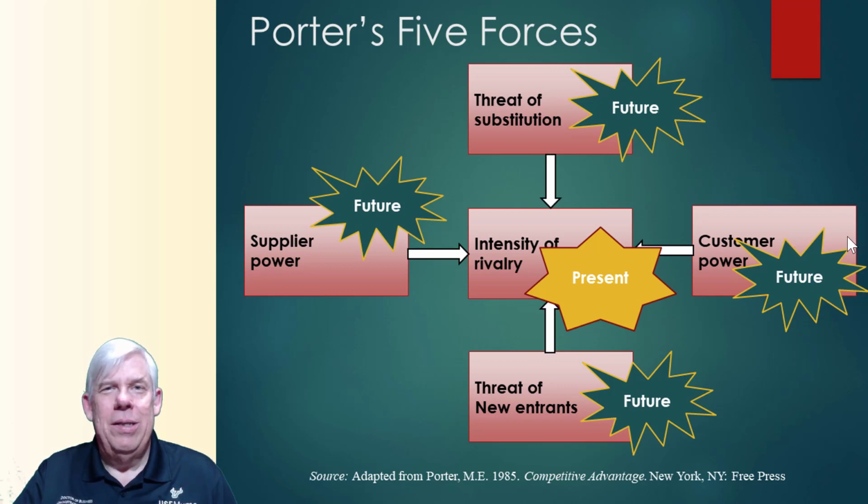Customer power is another example of something that can impact the attractiveness of the industry. Anyone who's done business with Walmart knows that Walmart is an extremely tough negotiator and will look for terms that are far better than a company's other customers might get.